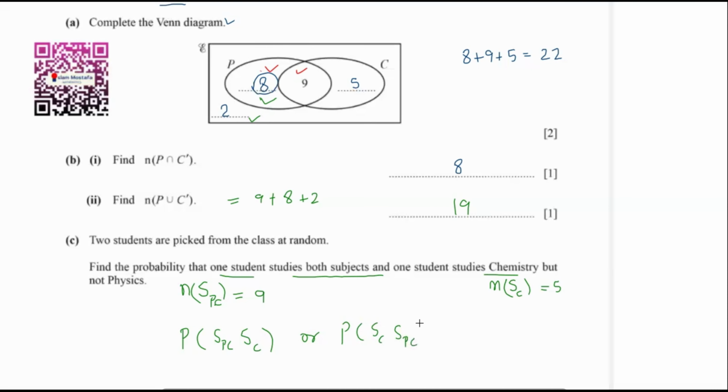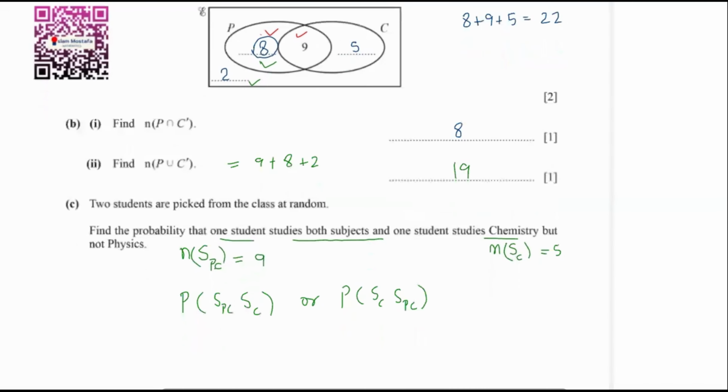Now the probability of both physics and chemistry: when we pick this, the total number of students who study both subjects is 9 out of, you see here, total students 24. Now when we select one student, the remaining students become 23, and the number of chemistry-only students is 5. Therefore, we select 5 students out of 23.